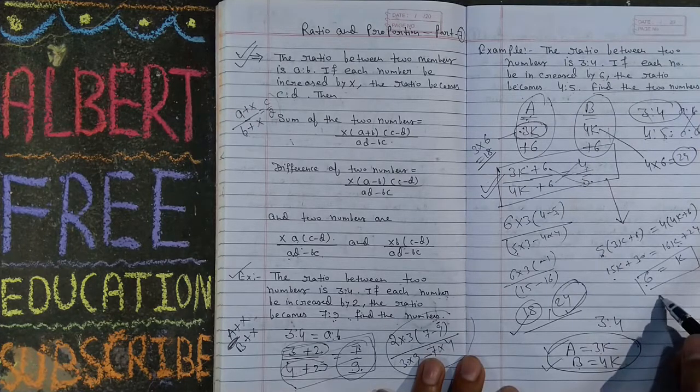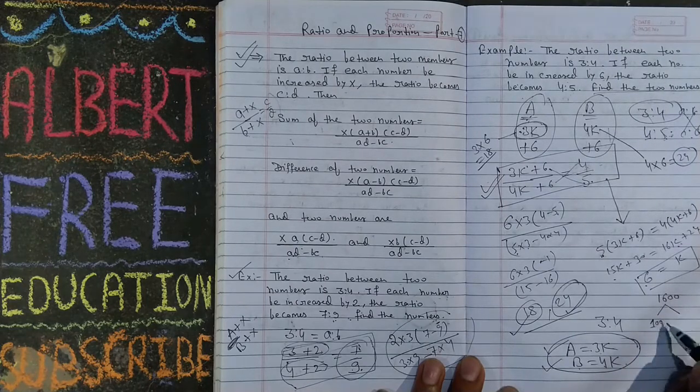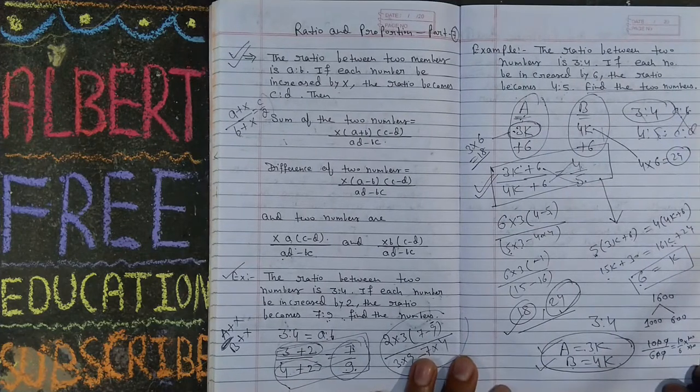Suppose you have some money and you have given it to two people. One person you have given 1000 and the second 600. If you are finding the ratio in this condition, you have to divide.